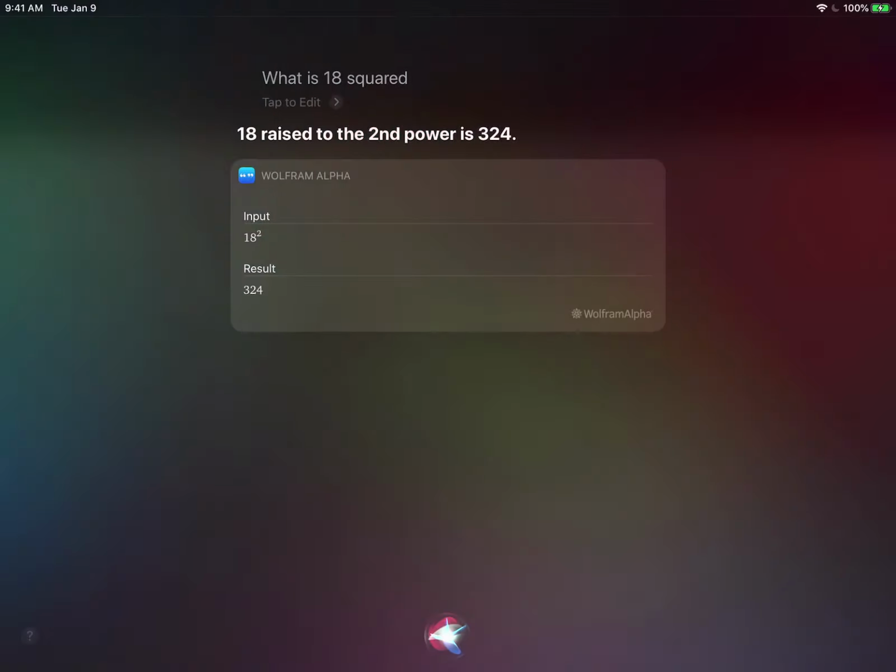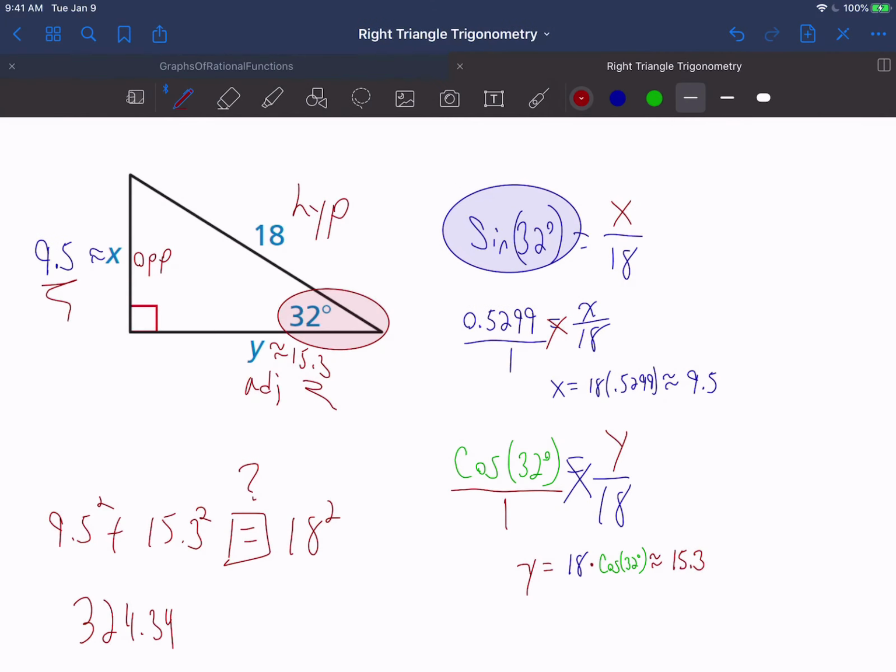And that's going to be 324. So, yes, it's about equal.